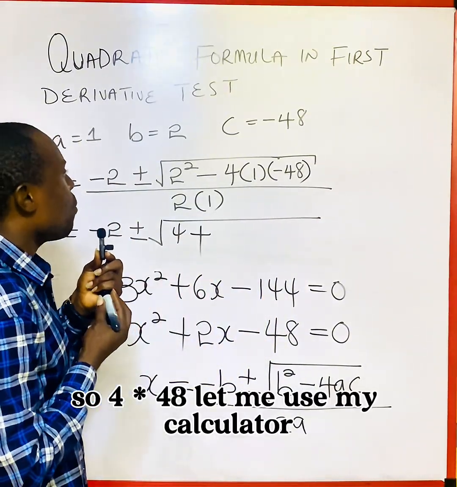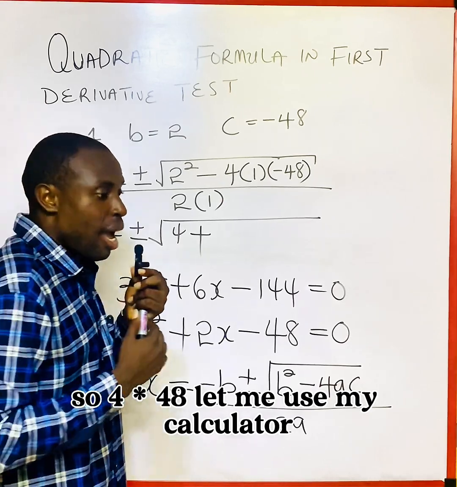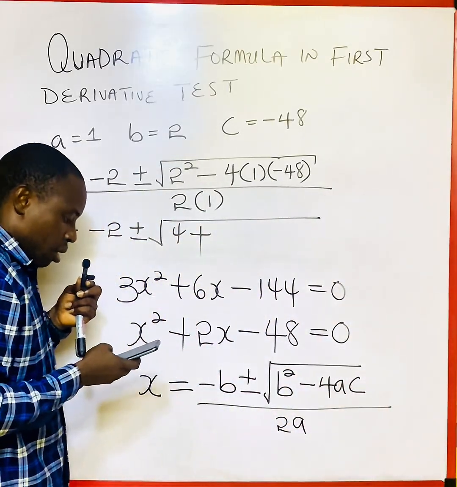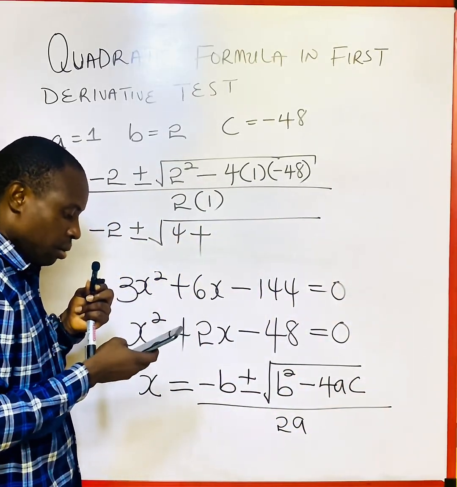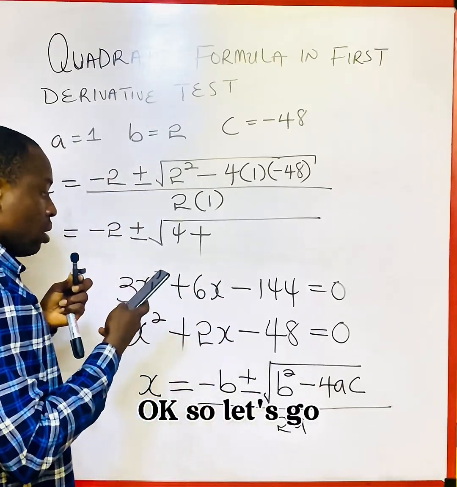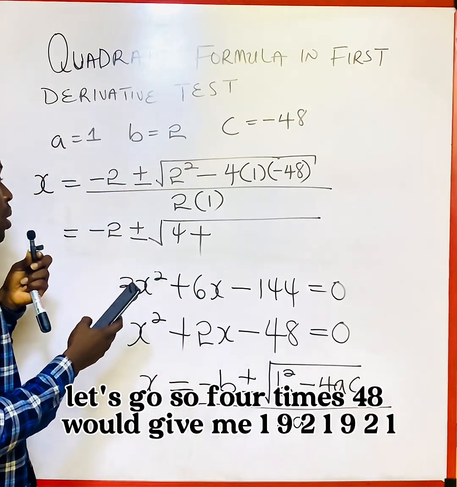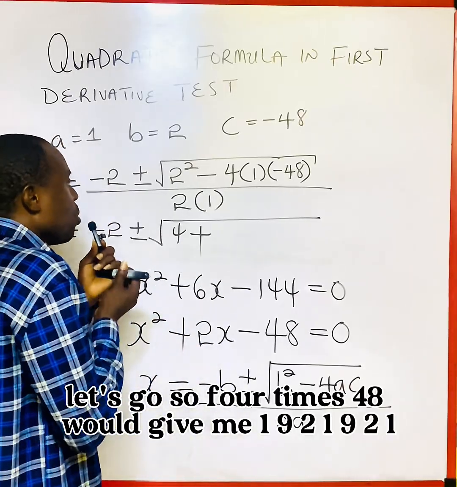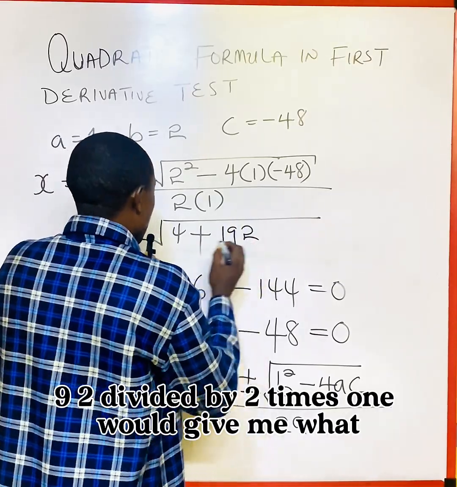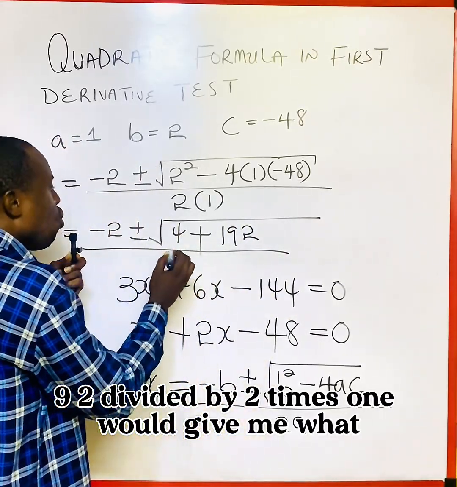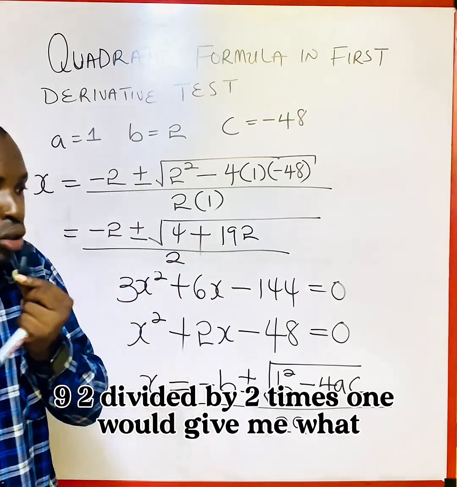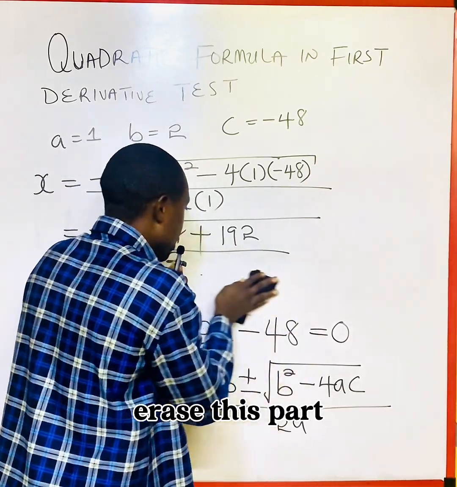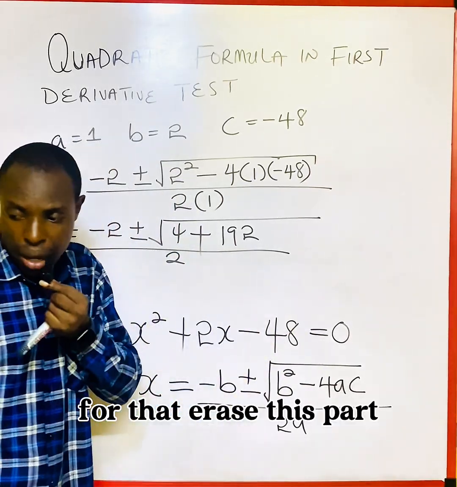So 4 times 48, let me use my calculator. So 4 times 48 would give me 192. 192 plus 4 gives 196, and 2 times 1 gives me 2.